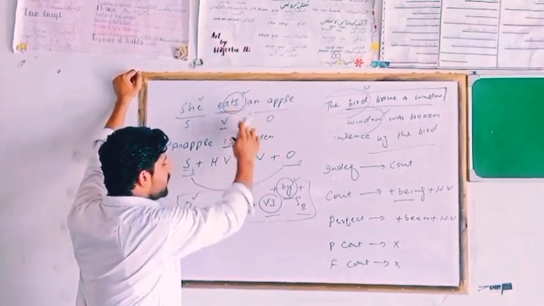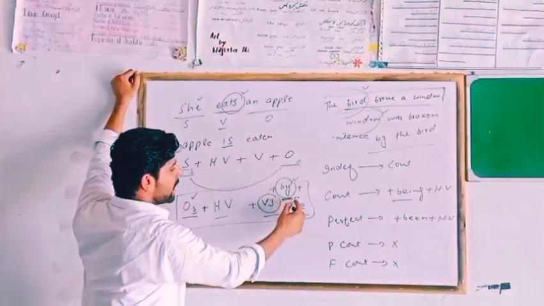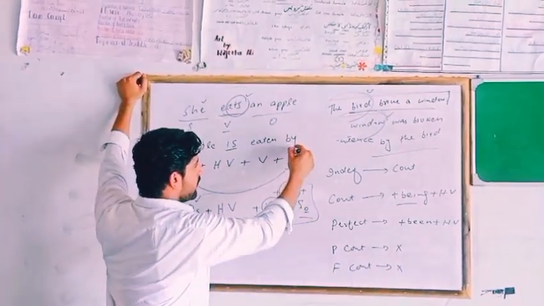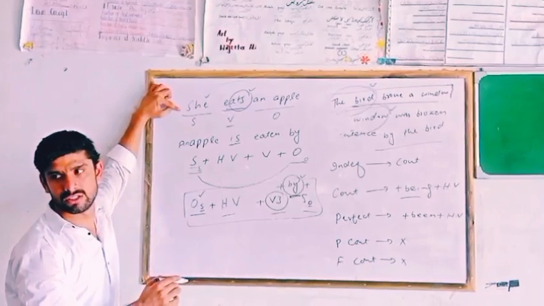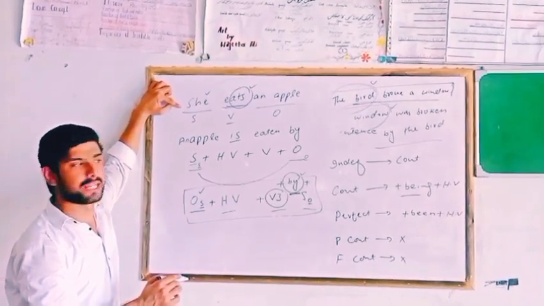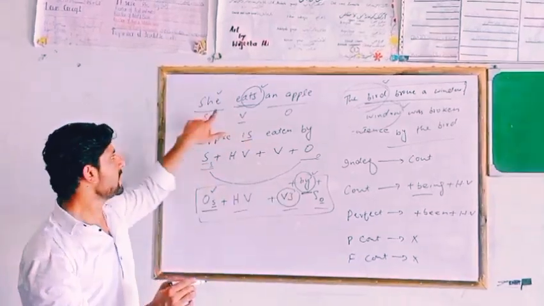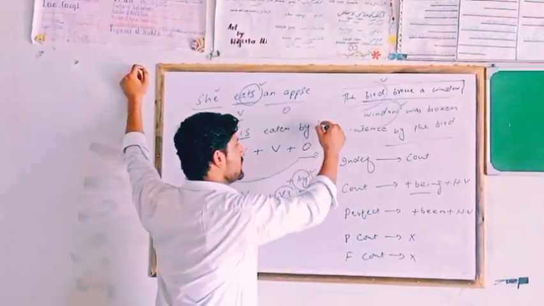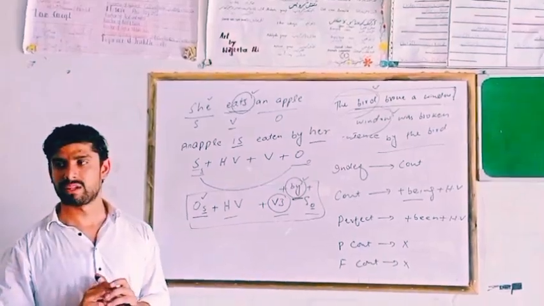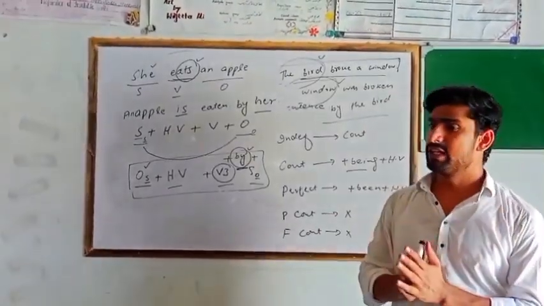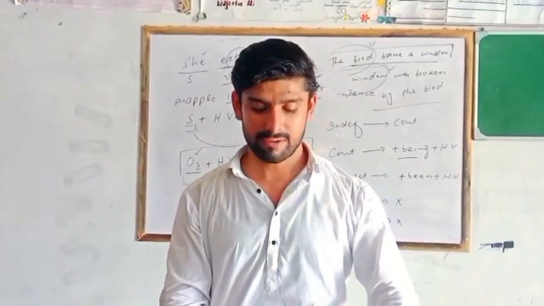What is the third form of eat? Eaten. An apple is eaten. After that, we have to use by. Are we going to use she? The objective case of the subject is going to be used. Okay? So, what is the objective case? That is her.